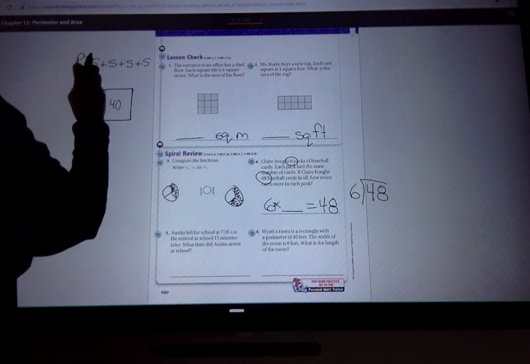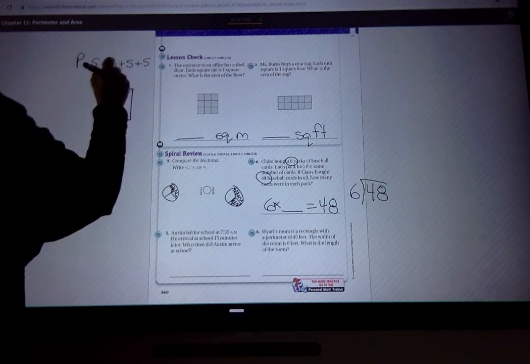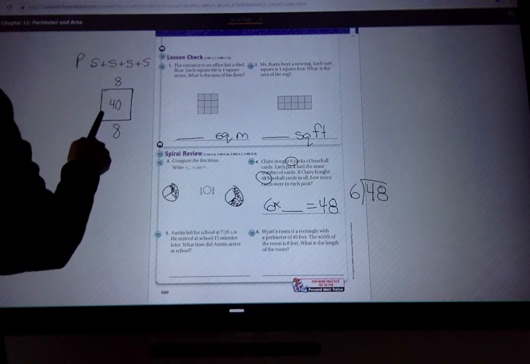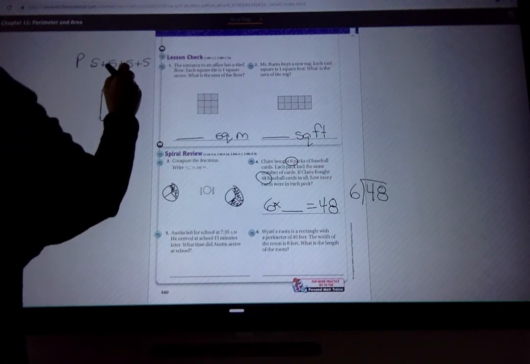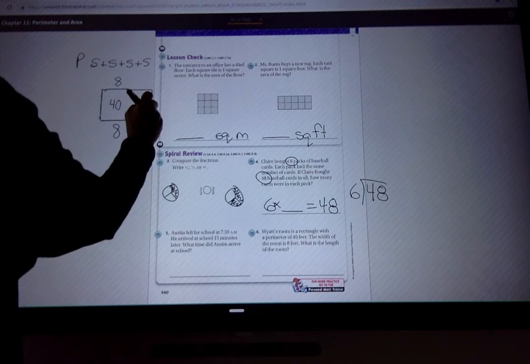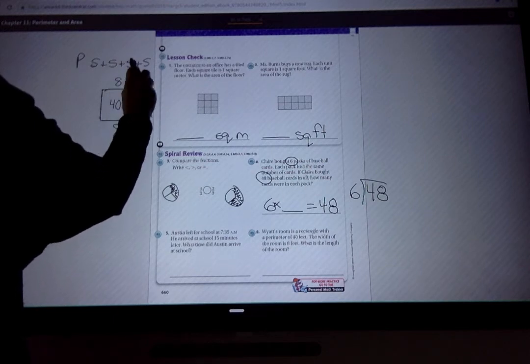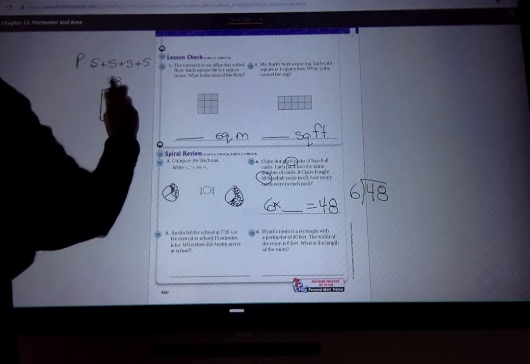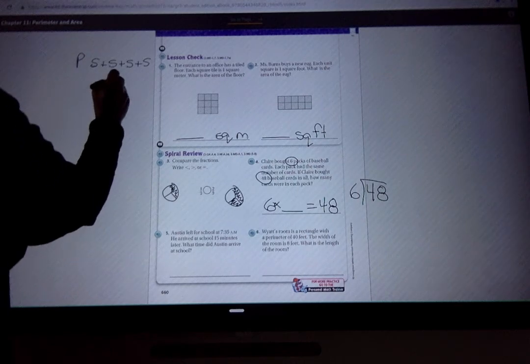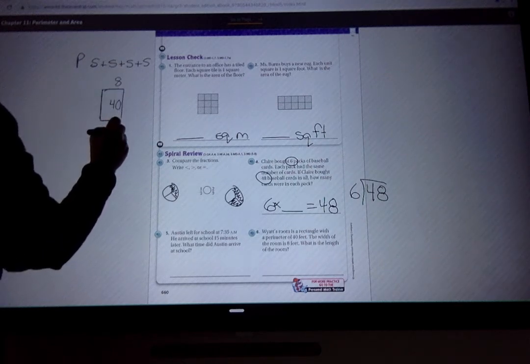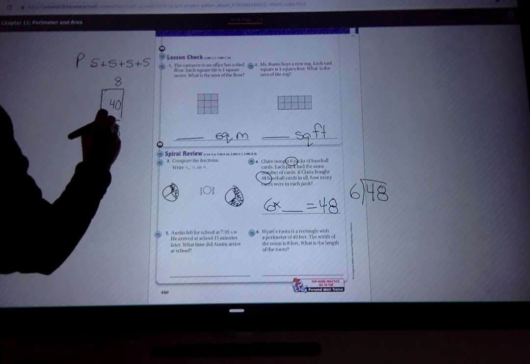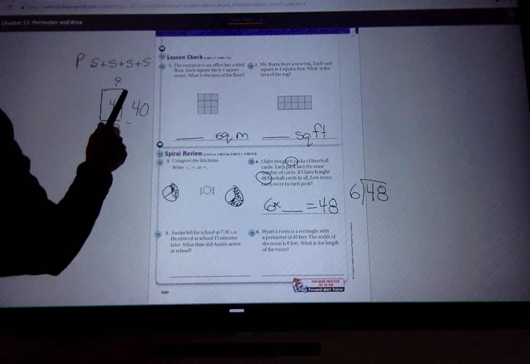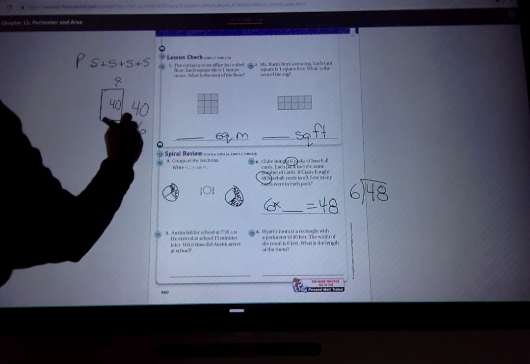So if we know that it's 40 feet altogether, the width is 8. So if one width is 8, the other width is 8. Now 8 plus 8, that means this room is going to look more long and narrow. So 40 altogether, we've got 8 plus 8 more. So I'm going to subtract from my total. 8 plus 8 is 16.